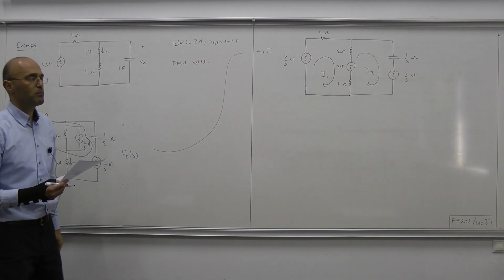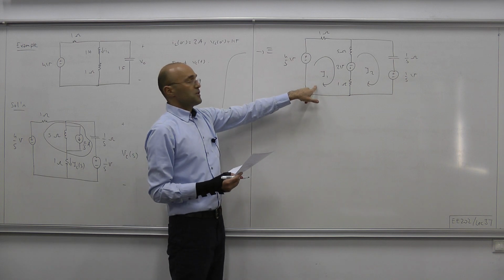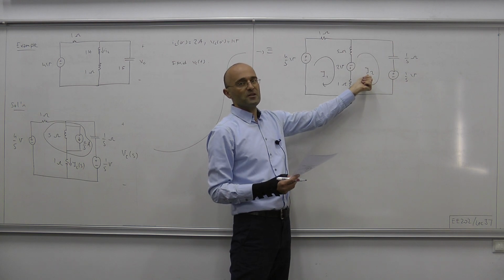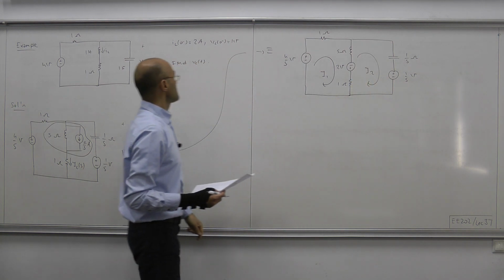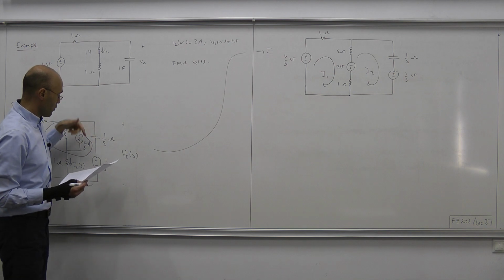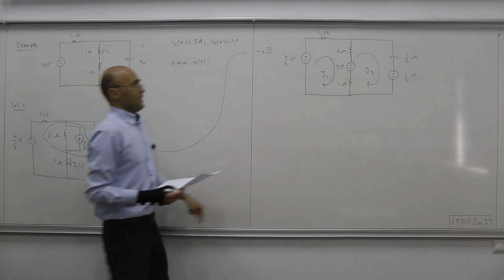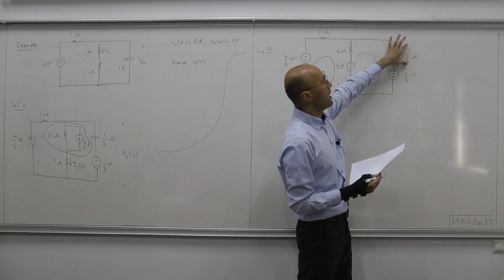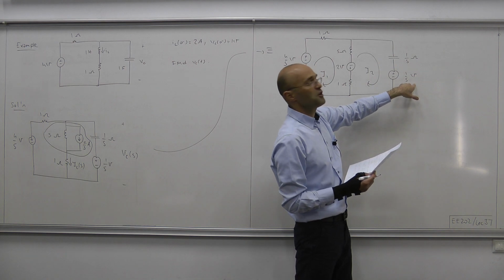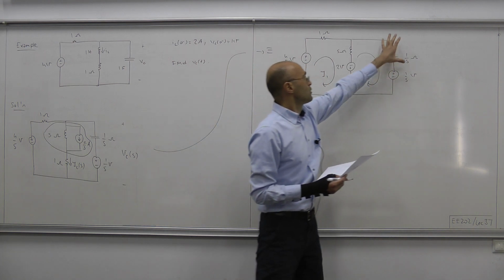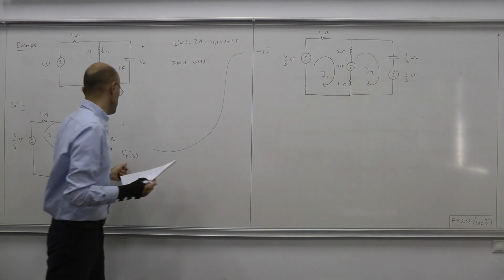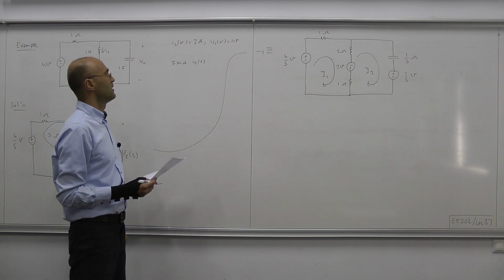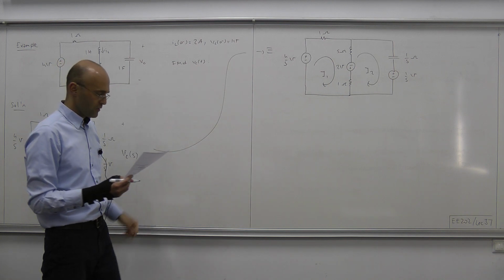So how we can proceed is, in this circuit, we write down the mesh equations and solve for I2 of S. And once we have that current, I2 of S, the current flowing over the capacitor, Vc of S is simply that current I2 of S times this impedance 1 over S plus this voltage 1 over S. Those two together produce Vc of S. And once we have Vc of S, we can compute its inverse Laplace transform and write down Vc of t. Okay, so let's proceed.